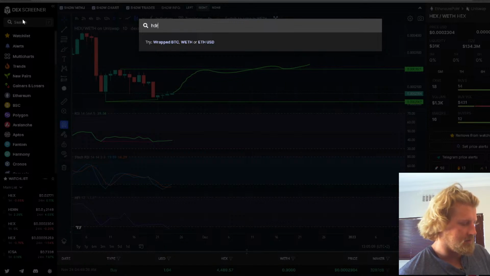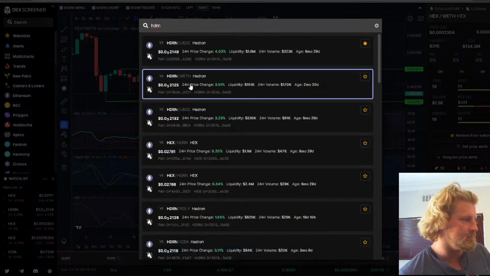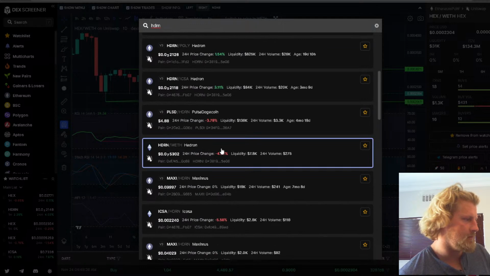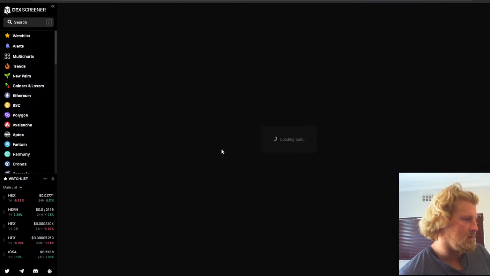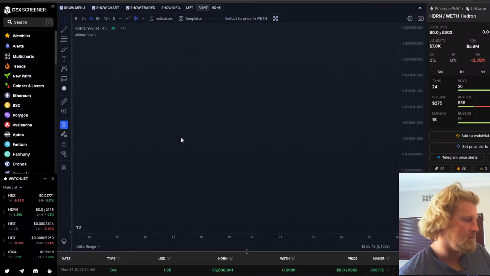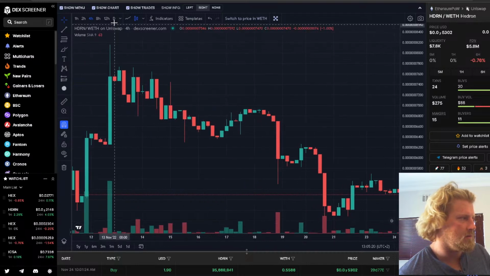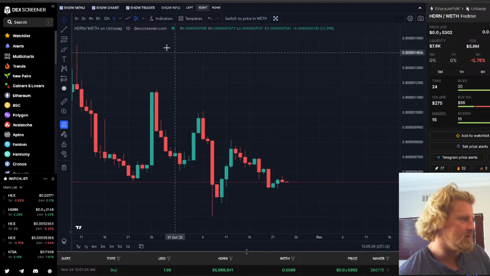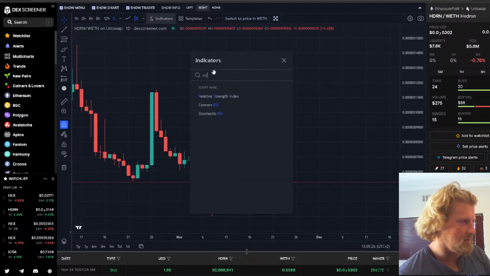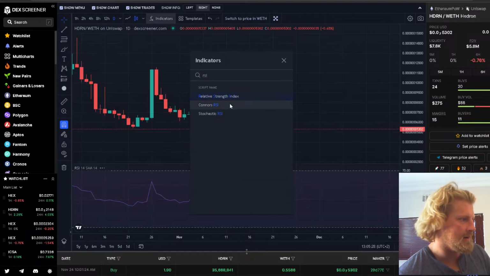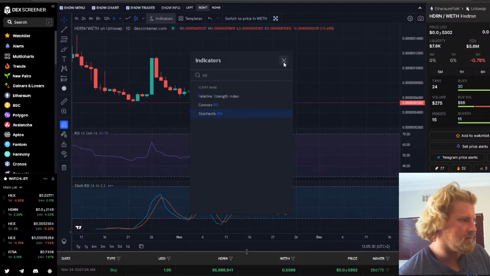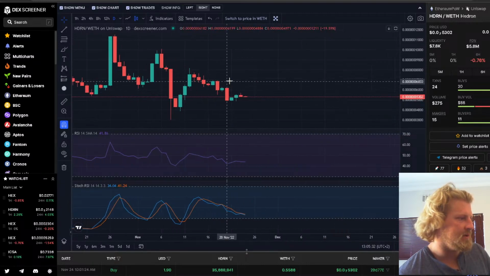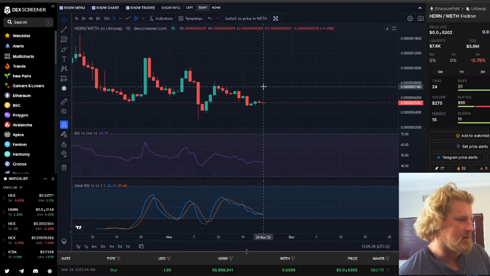Let's look at Hedron on ETH. Let's go into the daily. We can remove the volume. Volume is important, right? But pretty much the same story as Hex, right?